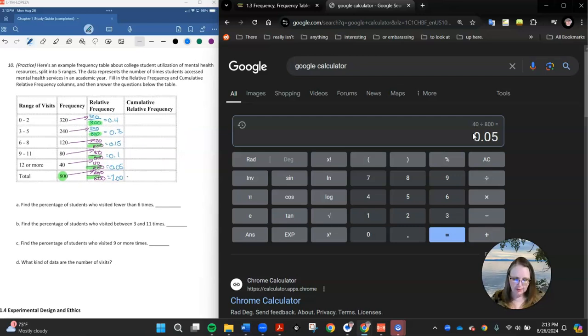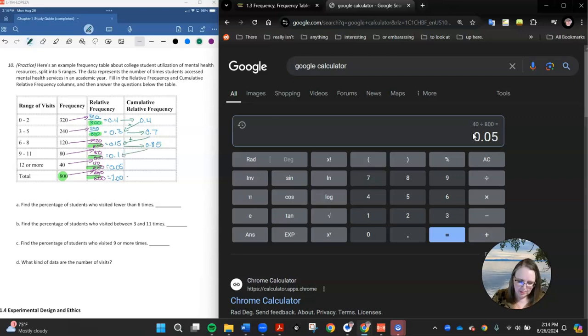So cumulative relative frequency. The way this works again is you are going to copy this directly, 0.4. And then you are going to do this plus that will equal this. 0.4 plus 0.3 is 0.7. This plus this equals this. 0.7 plus 0.15 is 0.85.